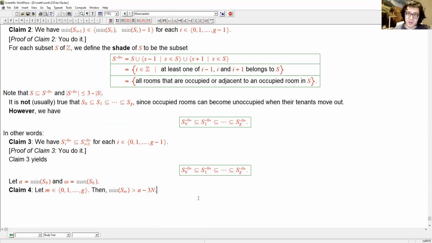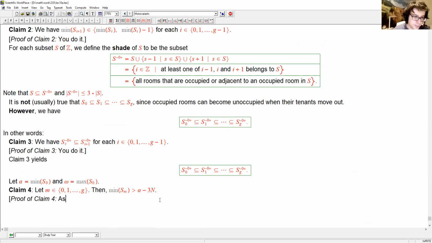Actually, it will never even move 3n steps left. So this is what it's saying. The leftmost occupied room will always be bigger than alpha minus 3n, or to the right of alpha minus 3n. And this is a matter of looking back at these old claims. So I will have to say a few more words about this. This is kind of crucial.